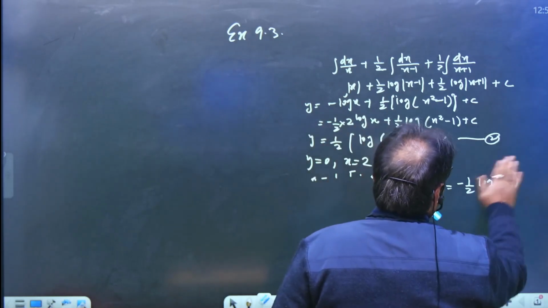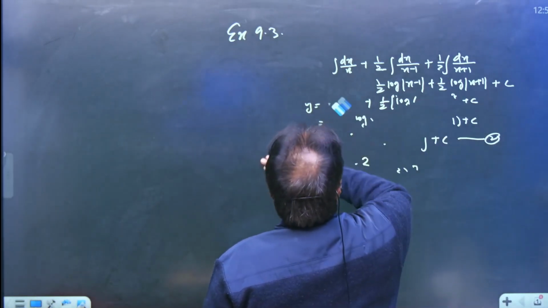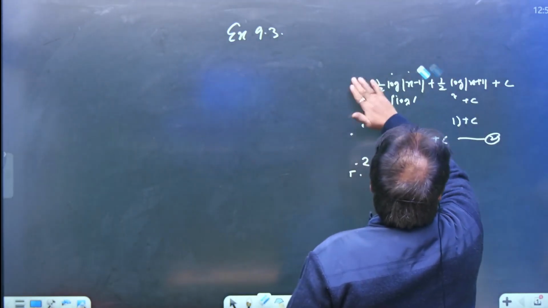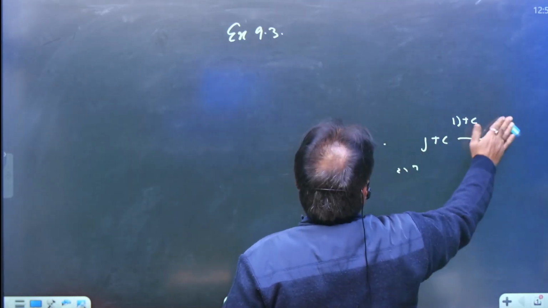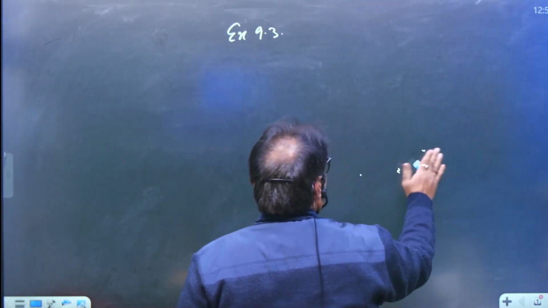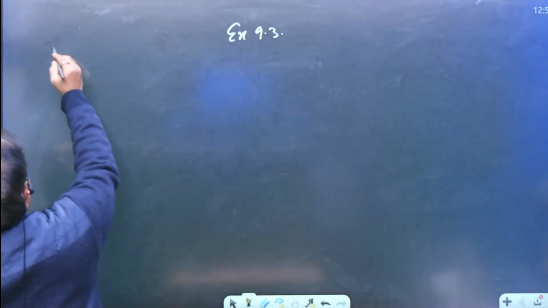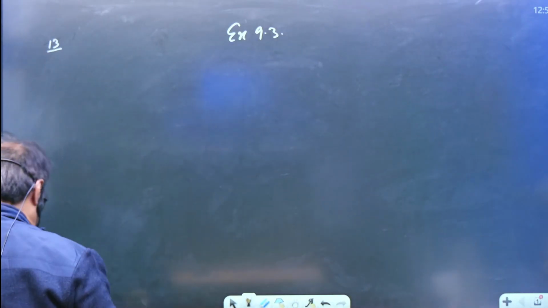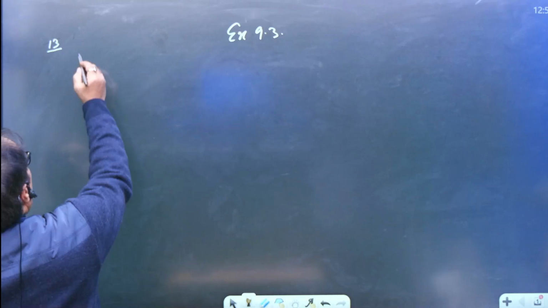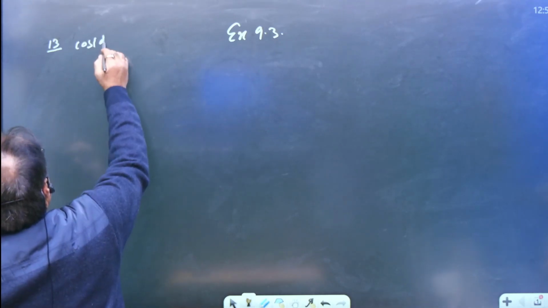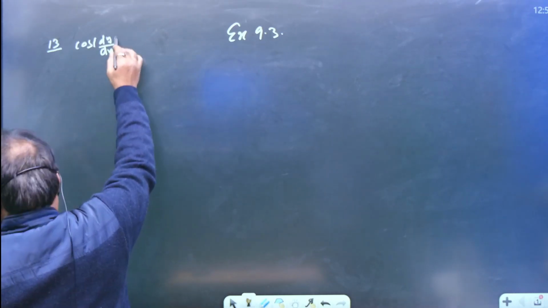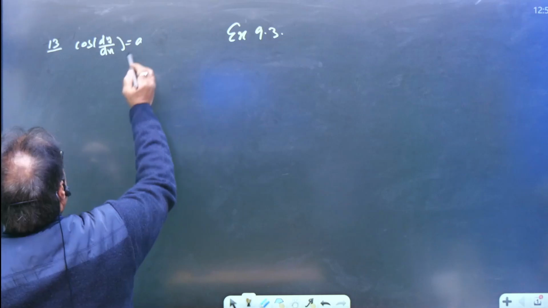I am coming. Let me erase. Question number 13. And the 13th question is cos dy by dx is equal to a.